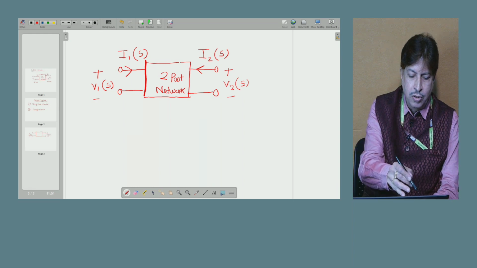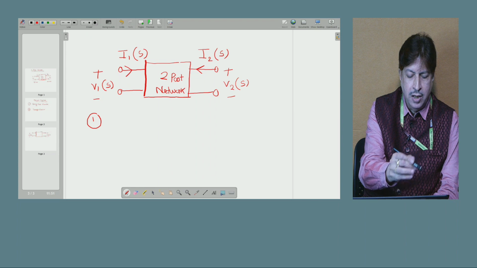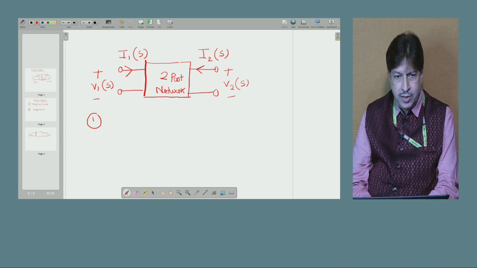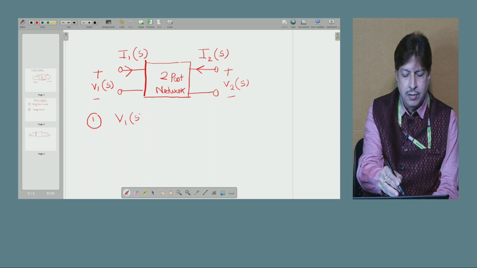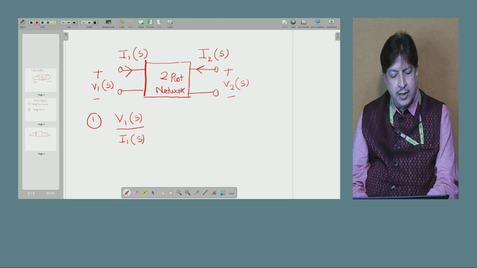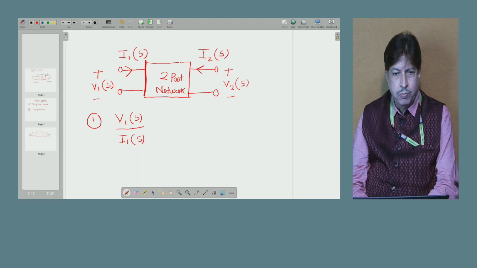So, the first driving point function I can think of is V1(s) by I1(s). See here, numerator is input port voltage.